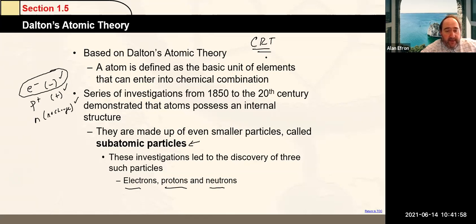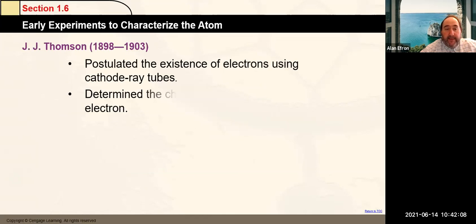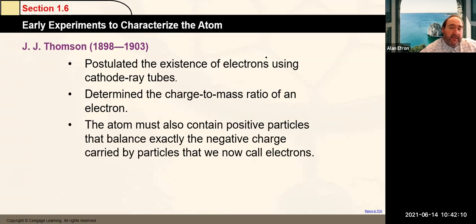And this was a very big help in understanding the nature of electrons and some of the properties of electrons. And that all really started with a guy by the name of Thomson. So J.J. Thomson did a lot of work with the cathode ray tube. And it brings up a really important concept in chemistry, as you may be familiar with or not.